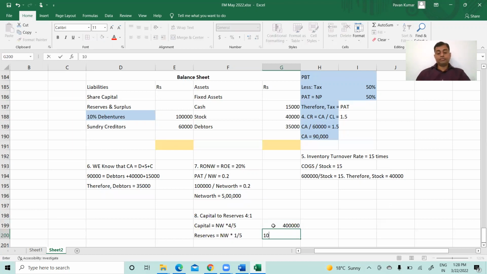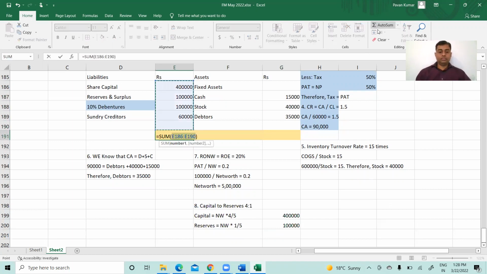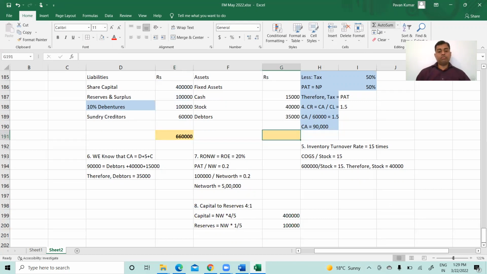Yes, sir. Is this right? So can I write 4 lakhs capital here? Can I write 1 lakh reserves here? So tell me total of balance sheet how much? 6,60,000. Okay, so put the same amount here.